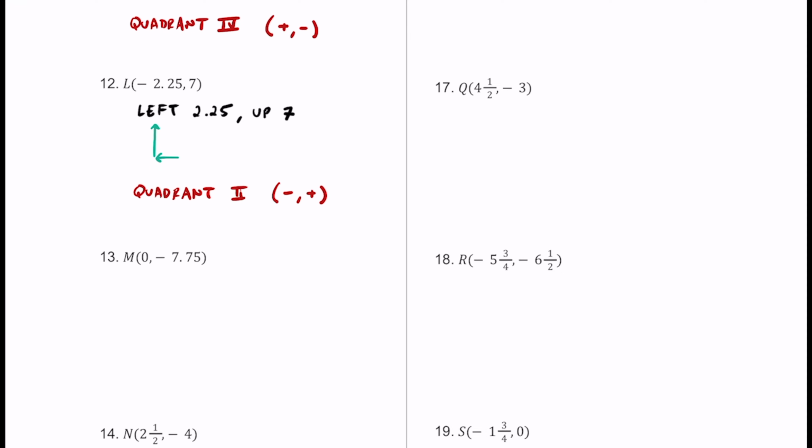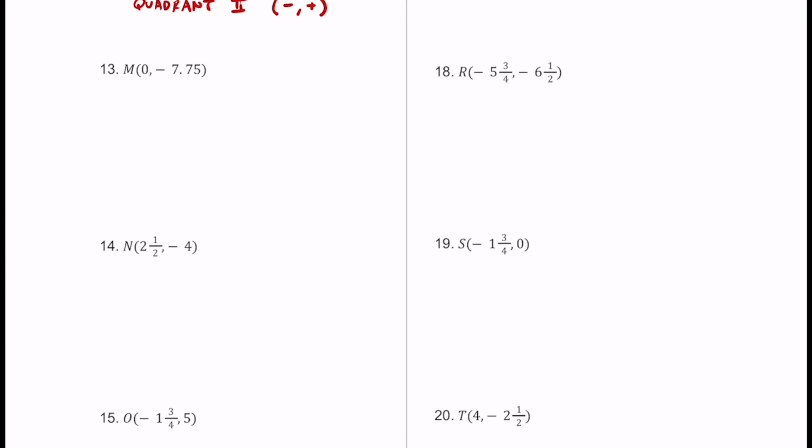For number 13, we have point M, which is located at 0, -7.75. So again, because the first number is 0, you can say left or right, doesn't matter, right? Because you're not moving anywhere, so left 0. And then we're going to say let's move down 7.75 units. So if we were plotting this, you don't move left or right, you literally just start at the origin and then move down, right?